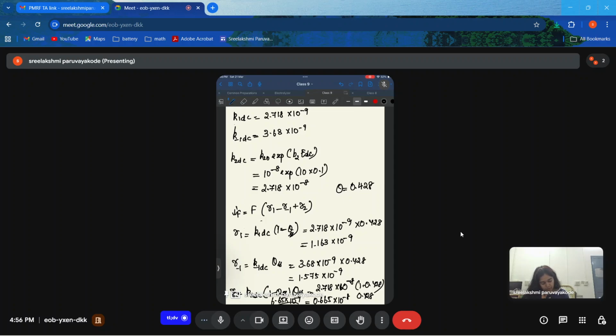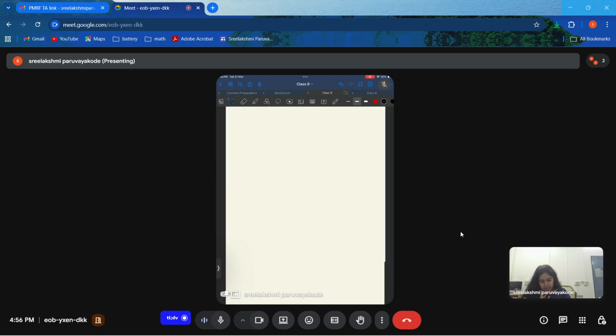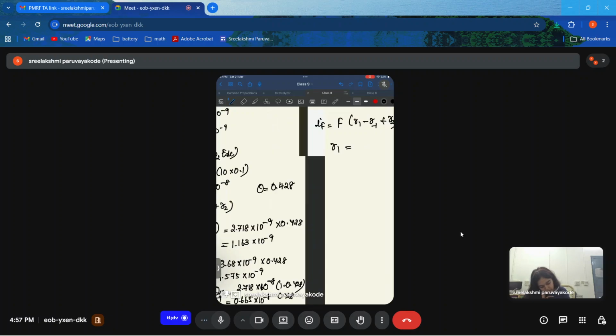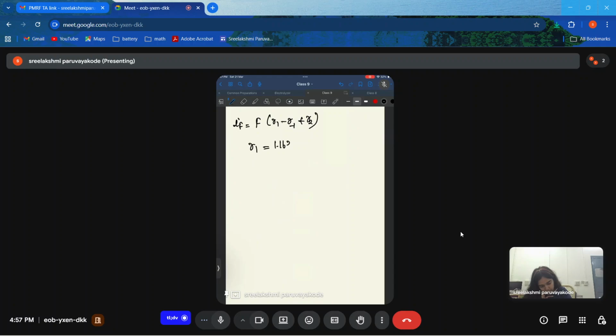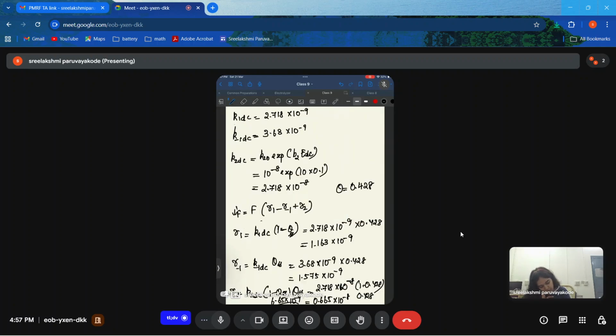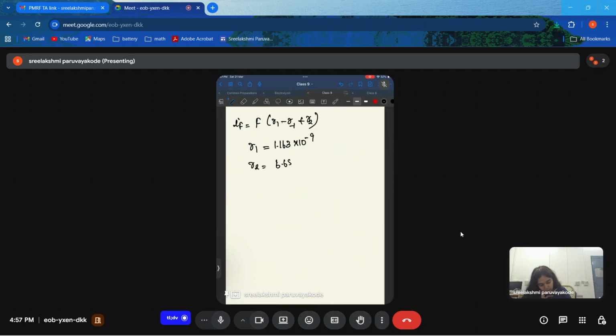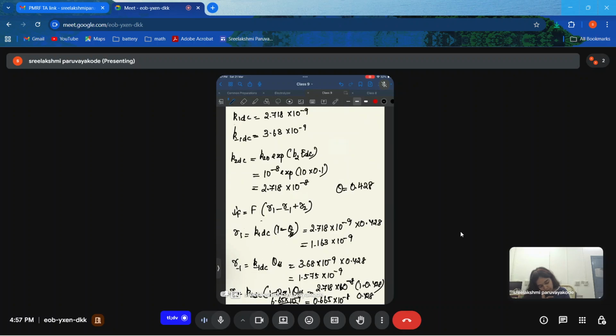Okay, there's the value. Now, IF is equal to F into R1 minus R minus 1 plus R2. R1 is equal to 1.163 into 10 to the power minus 9, R2 is 6.65 into 10 to the power minus 9, R minus 1 is 1.575.